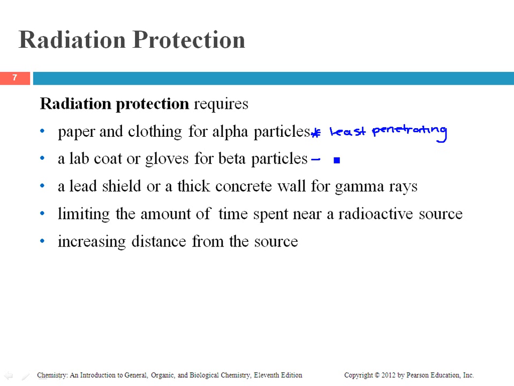So these are more penetrating than the alpha. For gamma rays, these are the most penetrating, so they're very high energy. And you will need a lead shield or a thick concrete wall to protect you from the gamma rays.